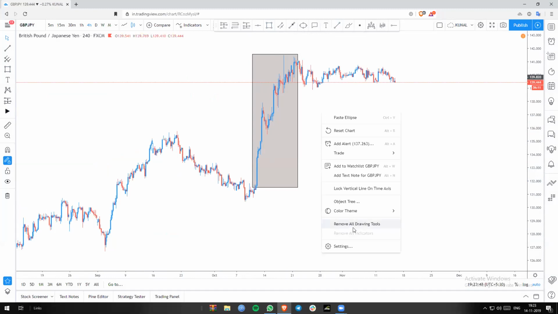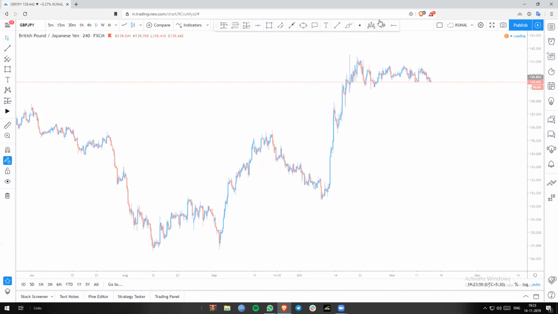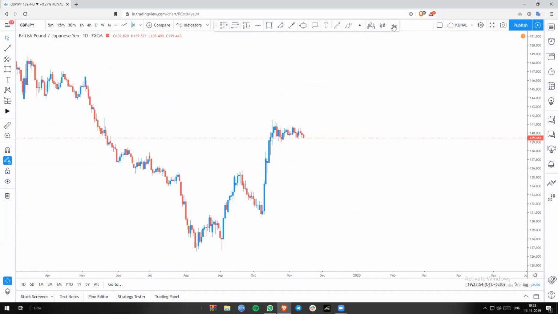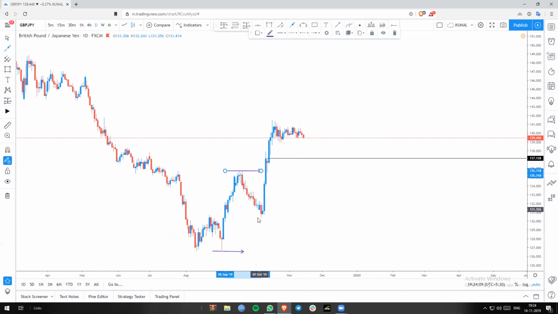consolidation for a while. But speaking based off of the higher time frames, we can say that based on the structure over here, we had created this low, we had created this high, basically a higher low and a higher high. So this is where it started from.